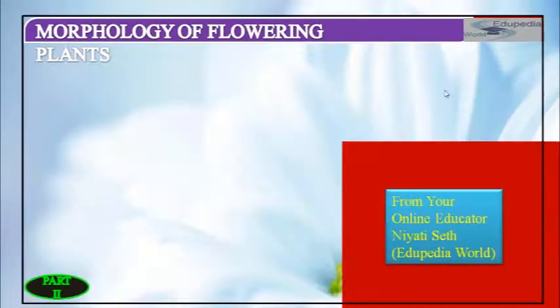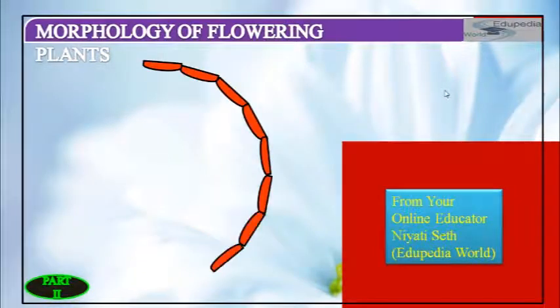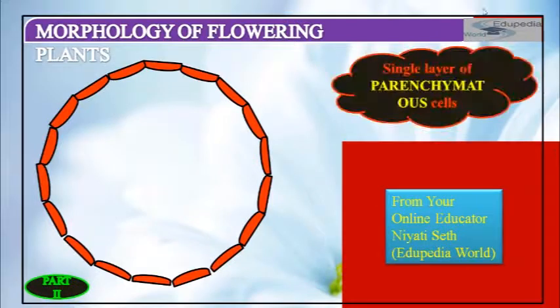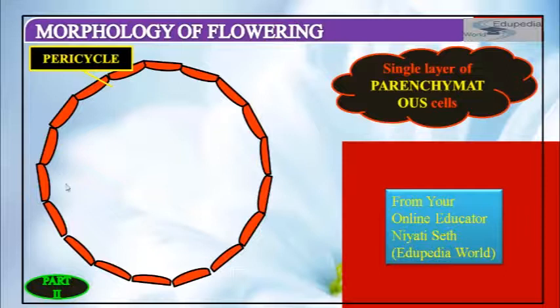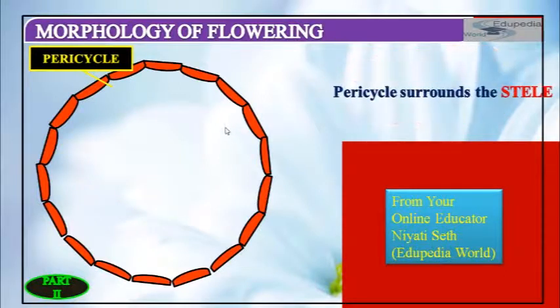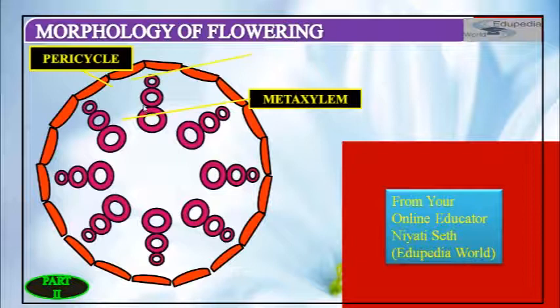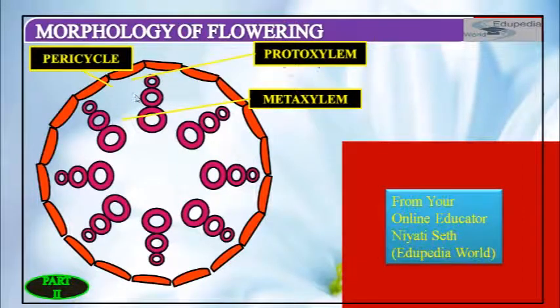Okay. Now part 2. This is how it is. That means endodermis, pericycle, stele, conjunctive tissue, xylem and phloem. So this is the single layer of parenchymatous cells which is known as pericycle. Pericycle surrounds the stele, as I told you. Stele is composed of pericycle, metaxylem, protoxylem.